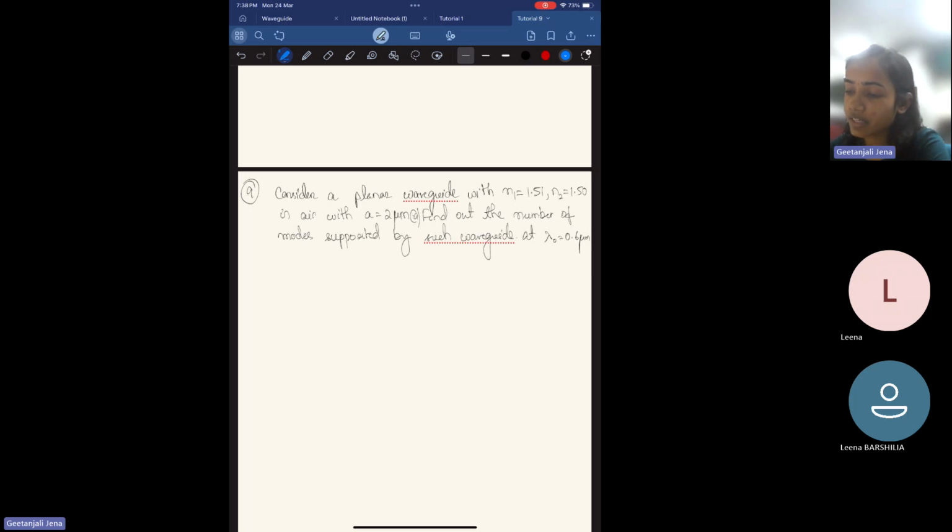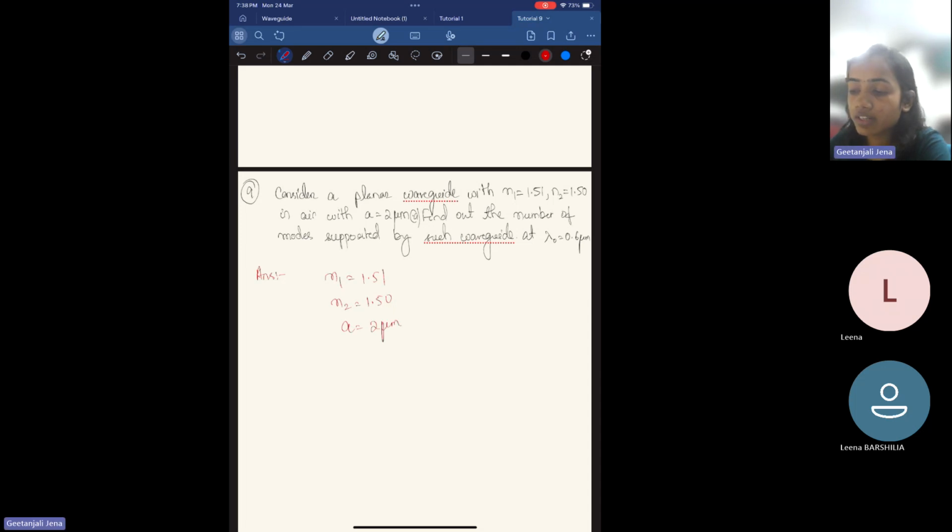So it's a step index planar waveguide, not a fiber, and it is given the refractive index n1 is 1.51 and n2 is 1.50, and the core radius is given 2 micrometer.